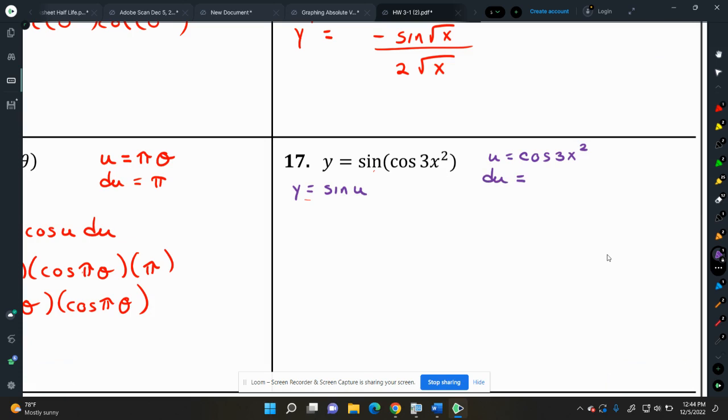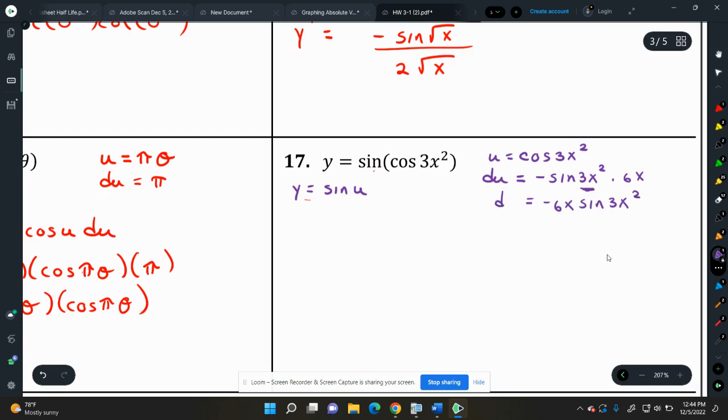Remember it's just the x squared. So this is negative sine 3x squared times the derivative of 3x squared, which is 6x. So I get negative 6x sine 3x squared. That's my du.